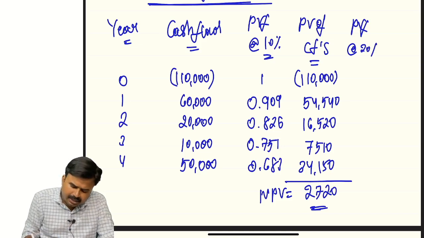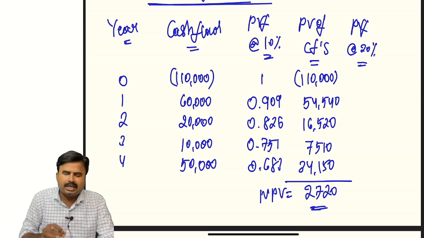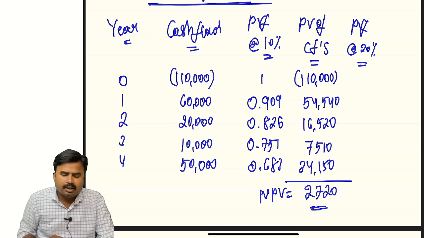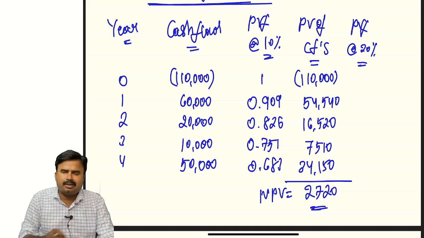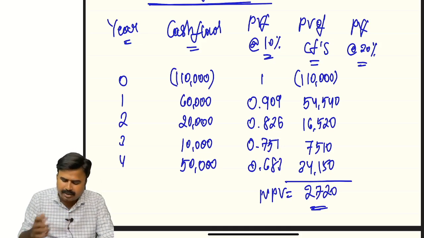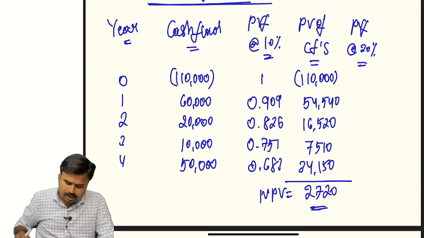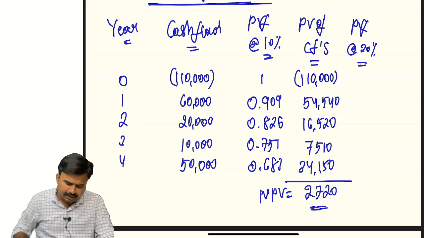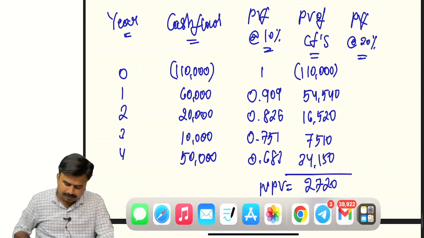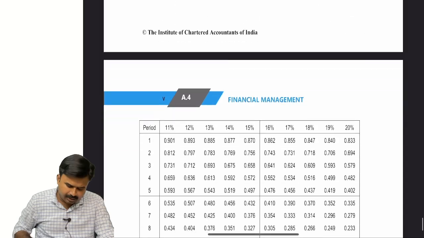Okay, I'm taking a 20% guess rate. So your answer will be slightly different from your study material's answer. If you take 12%, you'll get exactly the answer which is equal to your study material. So let me show you the present value factor table at 20%.